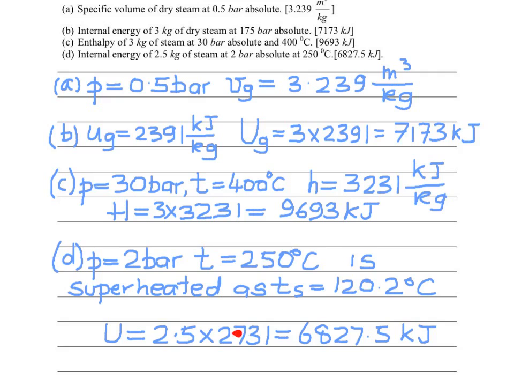We observe from the tables the specific internal energy is 2,731 kilojoules per kilogram multiplied by 2.5 kilograms, which gives us the answer of 6,827.5 kilojoules.